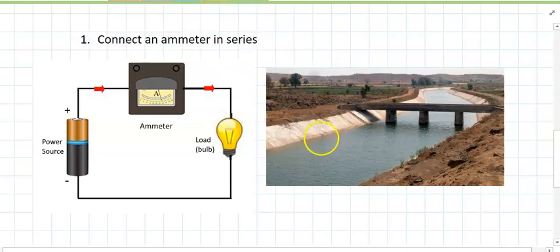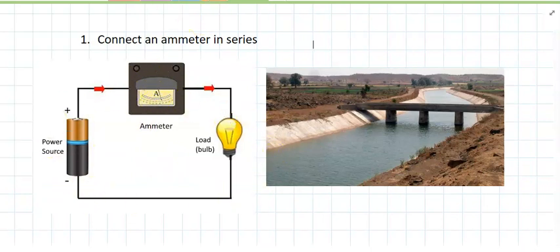The next thing is you just turn on your power source. So once the electricity starts to flow, then the ammeter basically counts how quickly electrons are flowing past it.